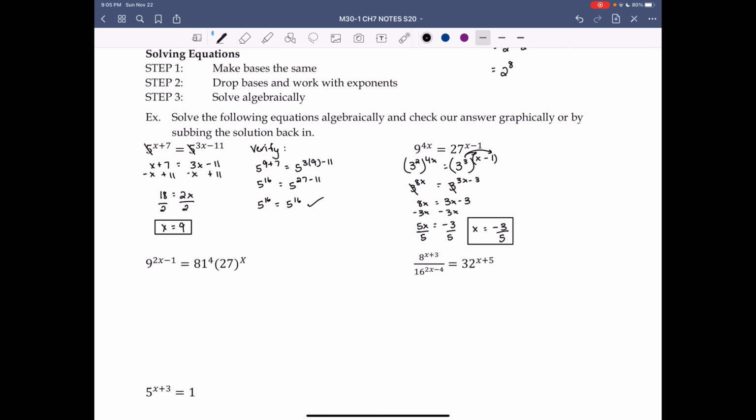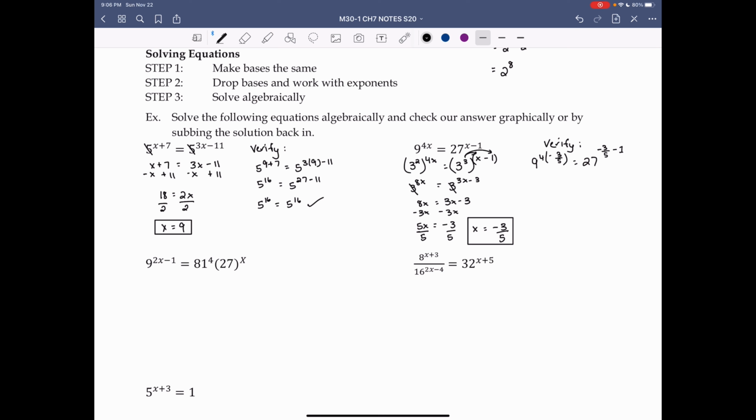Let's verify. 9 to the power of 4x, so 4 times negative 3 over 5, equals 27 to the power of x, which is negative 3 over 5 minus 1.